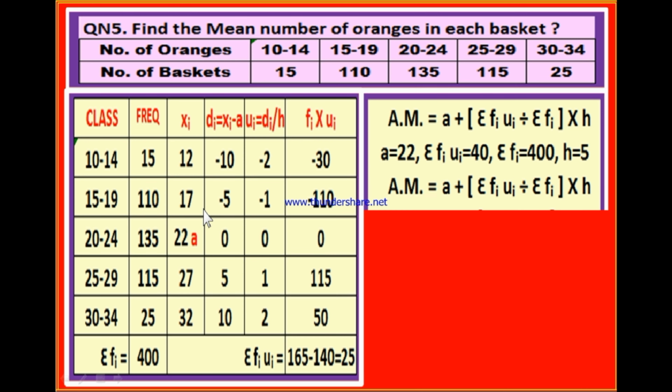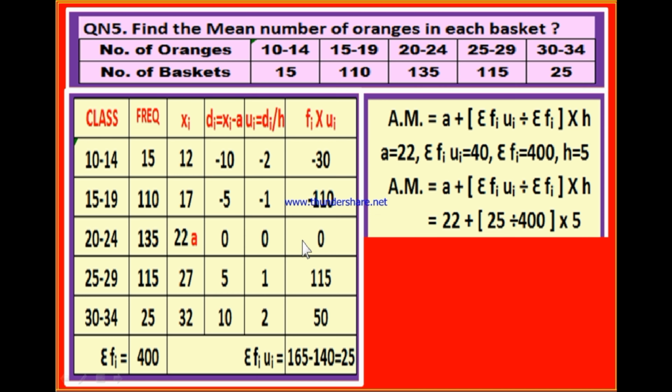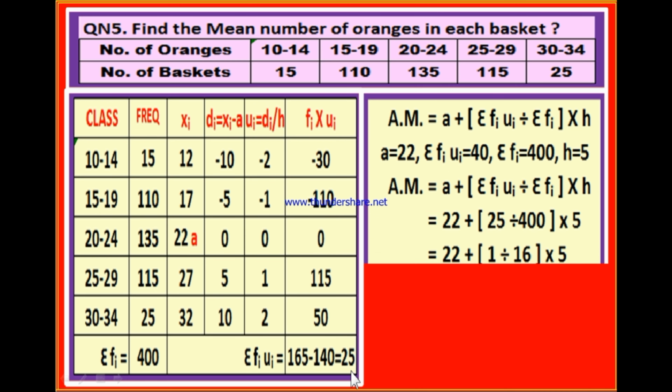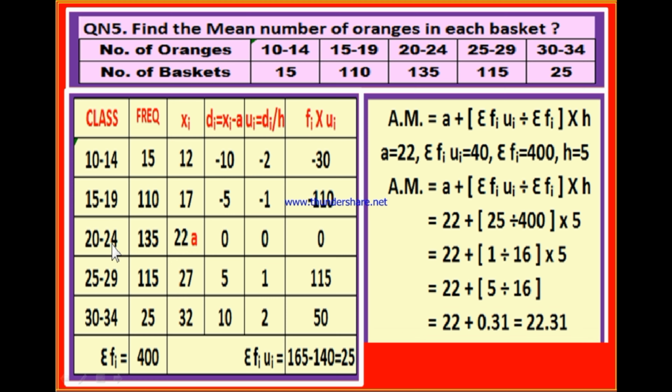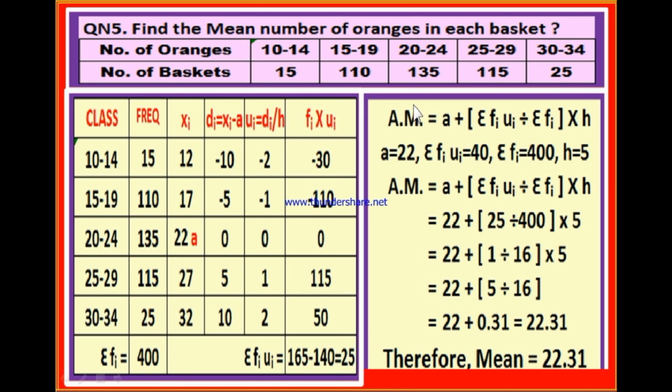Here a means assumed mean, which is 22, and sigma fi ui is 25, not 40. Please correct it. It is 25. And sigma fi is 400, and h, the height of the class, the difference between any two successive lower or upper boundaries, is 5.